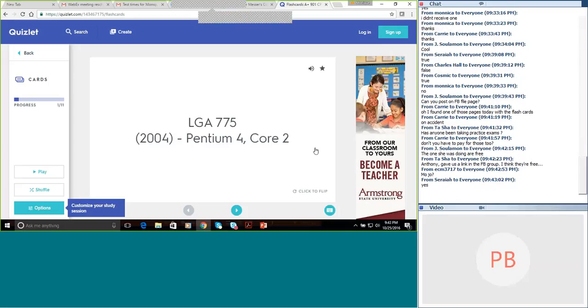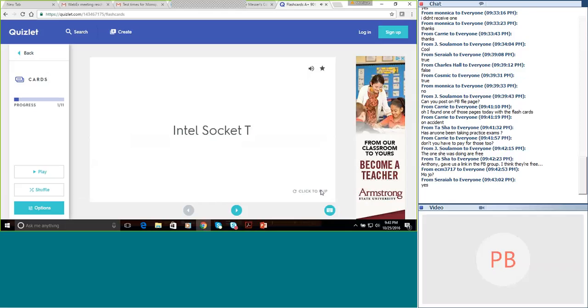Yep. Okay, so it'll say, what is the Intel socket T, right? And you need to know that when you see T, it means it's the LGA 775.